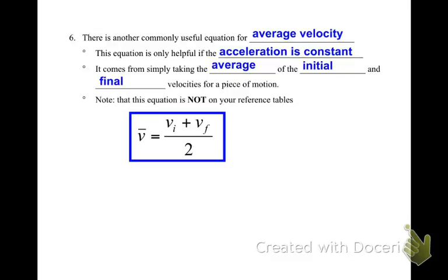Please, please, please note that this equation is not in your reference tables. It's one that you're just going to have to know. It's only useful, major point here, if the acceleration is constant. If it is not constant, you cannot use this particular equation. Just something to be aware of.